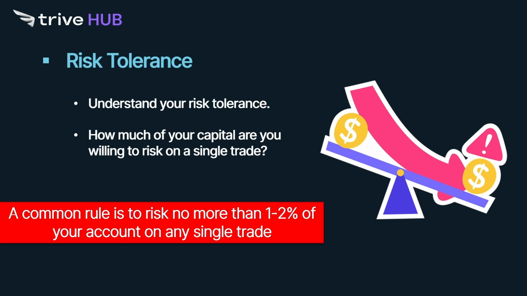If you are using 1 to 2% of your account on a single trade, if you are using 1%, then you can take 100 trades in a row without worrying. And if the ratio is 50-50, okay, and your risk to reward ratio is good, then also you will be profitable. Alright, so you need to understand and write down what is your risk tolerance.